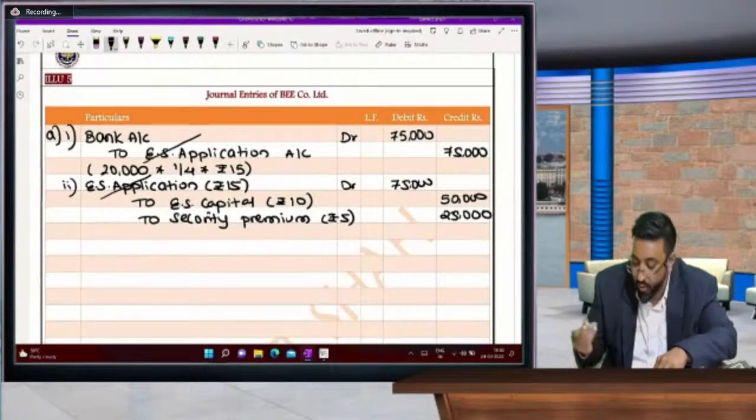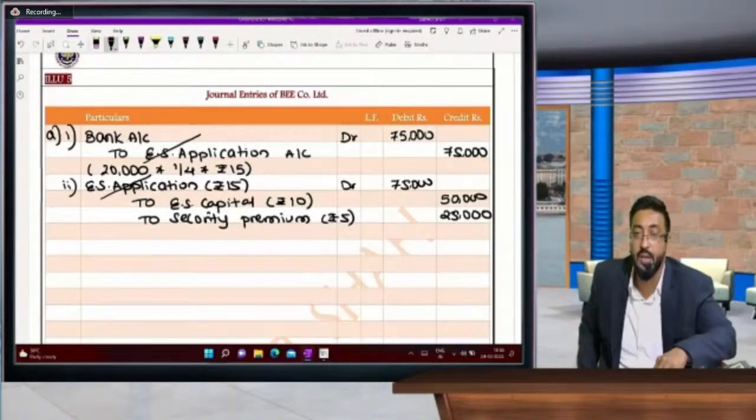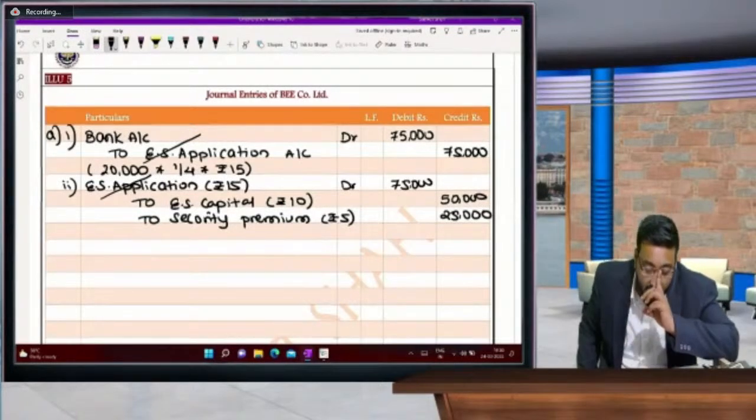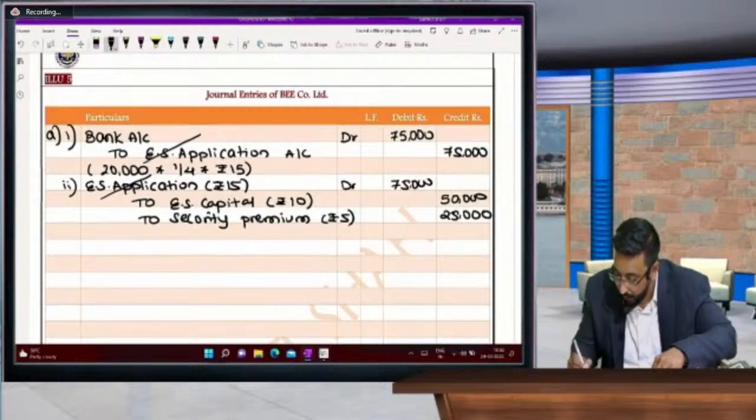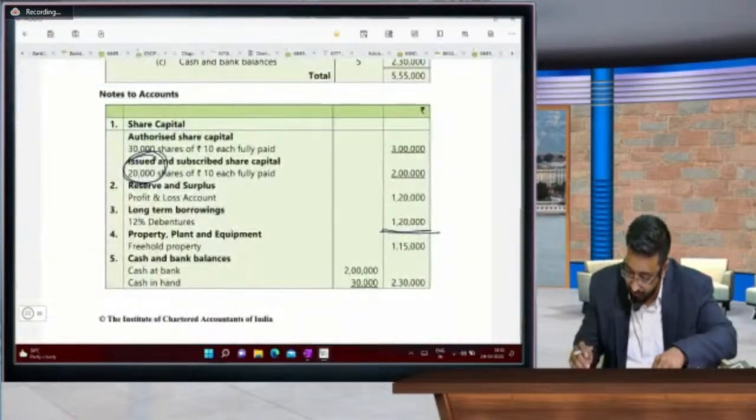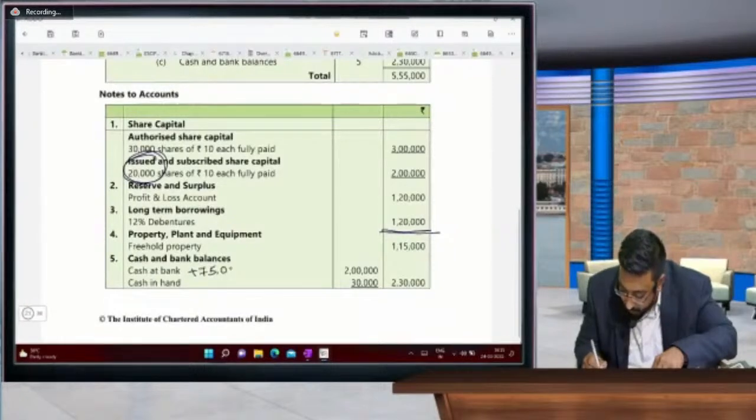Application we are going to cancel. I'm not giving any narration; narration you can write on your own. See effects. Bank account increased by 75,000, so you can update your question's balance sheet. Bank account, you can add 75,000.